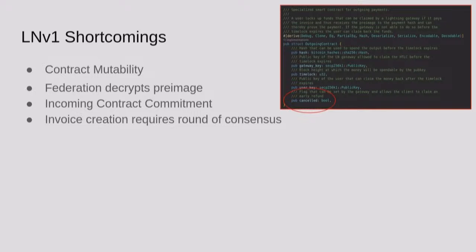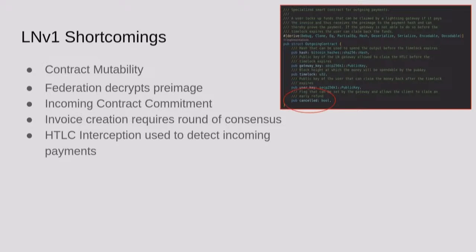So it has to go through a whole round of consensus, which, user experience-wise, if for some reason it's running slow, is a bit of a UX hurdle. We also, in V1, used HTLC interception to detect these incoming payments, which made things a little difficult.